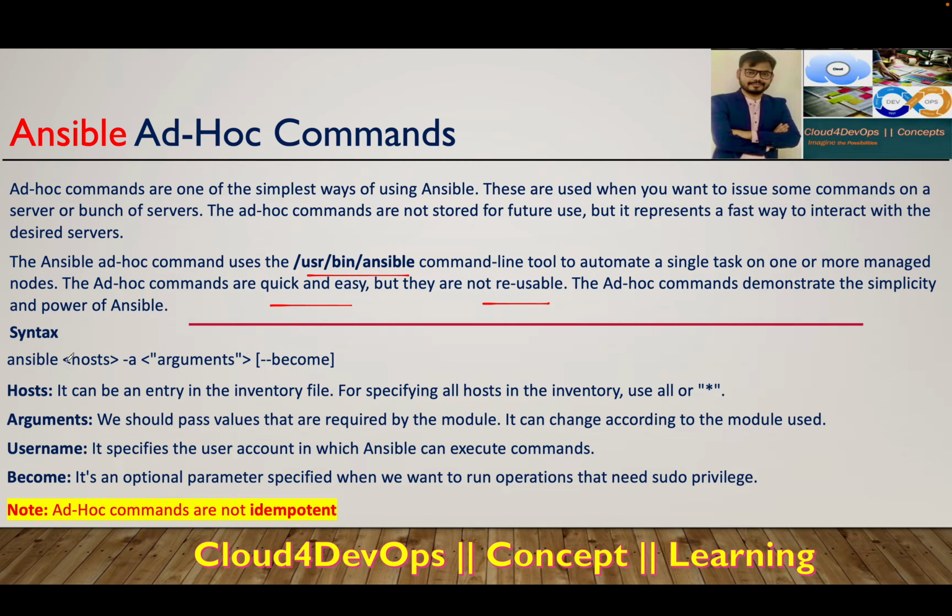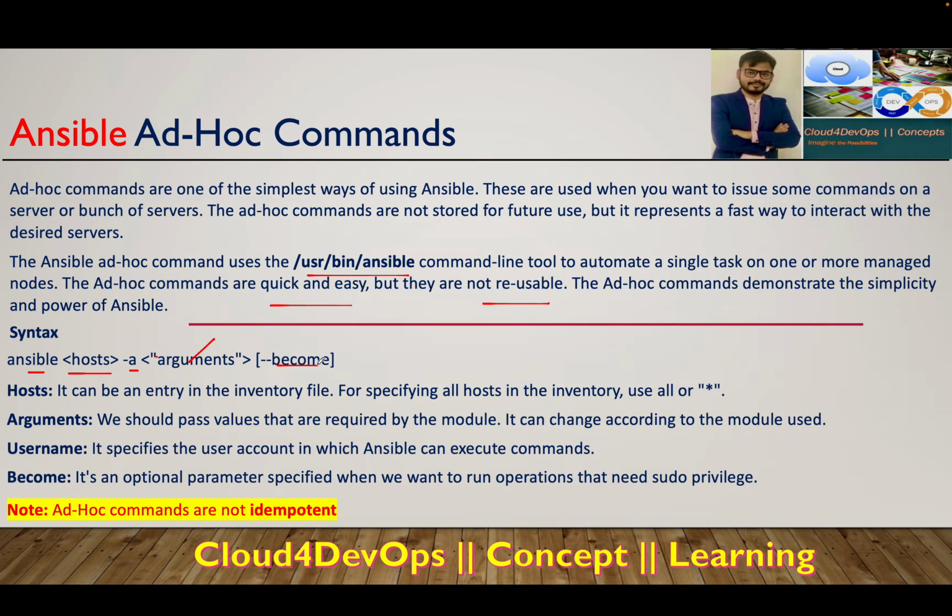This is the syntax of running an ad hoc command. We have ansible, then you have to give the host, then -a is for arguments. So whatever command you want to run, like df -h for the space, you can give over here. You just have to write whatever you are writing in Linux. It's just a shell command that you have to write within the argument section.